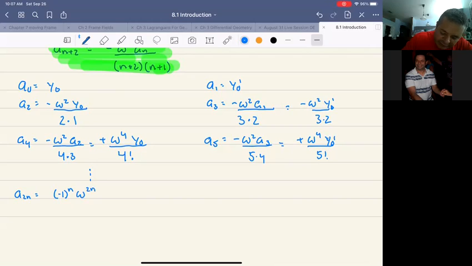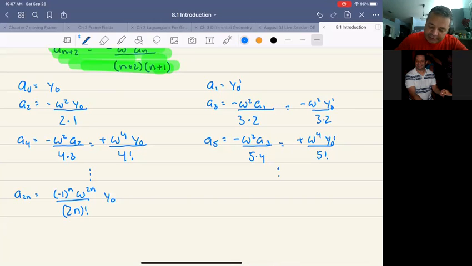Omega to the 2n over 2n factorial y0. So that's for the even ones.